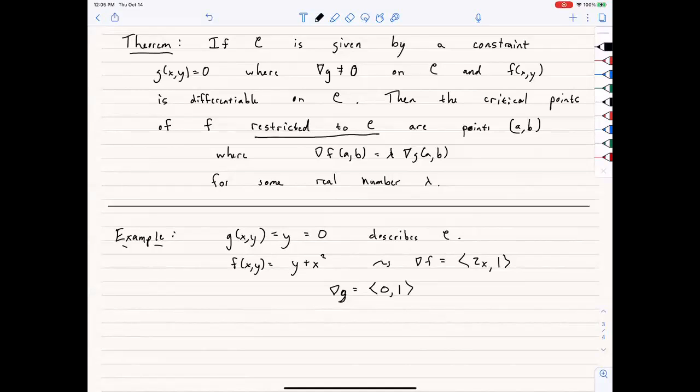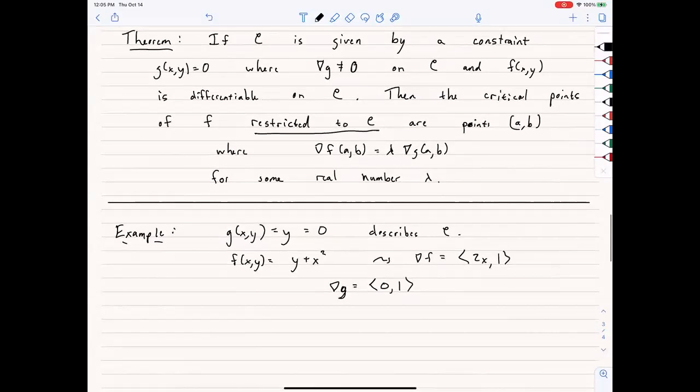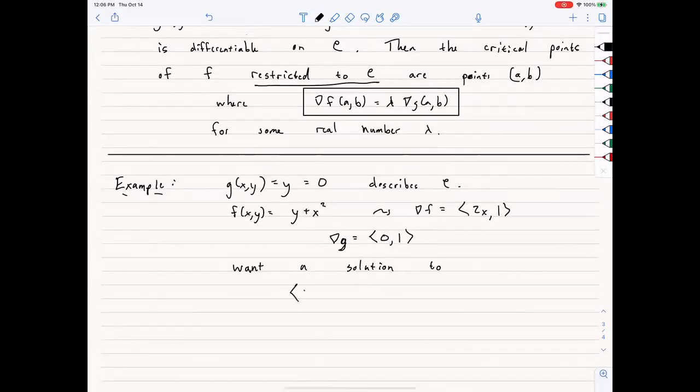So what we're looking for, if we're trying to solve this equation, is to see if there is a solution to the equation (2x, 1) equals lambda times (0, 1), or just (0, lambda).